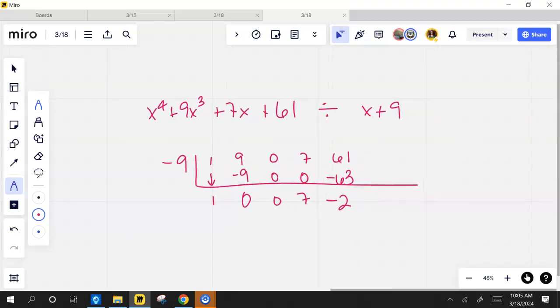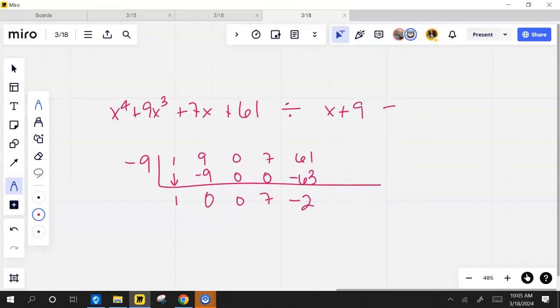Interpret your answer. 1x to the third plus 7 with a remainder, and you can do minus 2 over x plus 9, or you can do plus negative 2 over x plus 9, but either way would work.